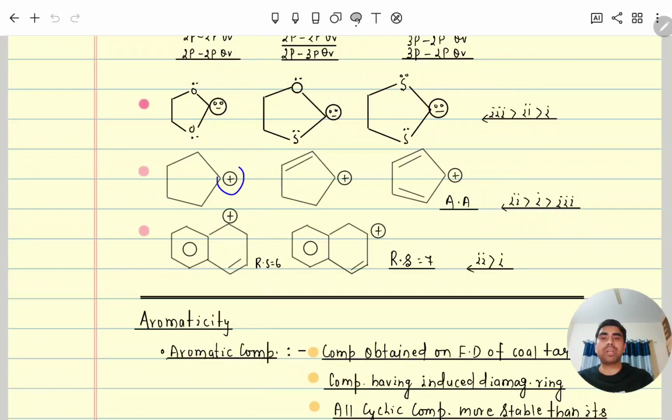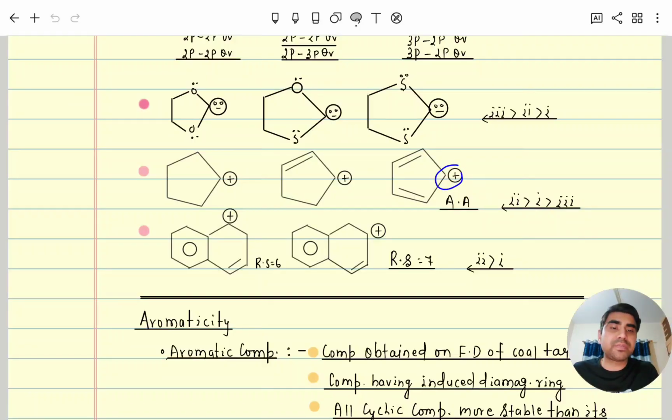Now coming to carbocation. Here, due to hyperconjugation with hydrogen, it is getting stabilized. But here, through conjugation, positive, single, double. You know that resonance is more prominent than hyperconjugation.